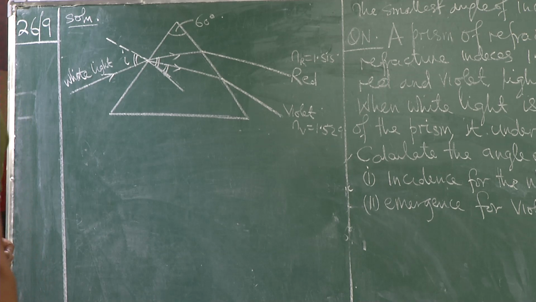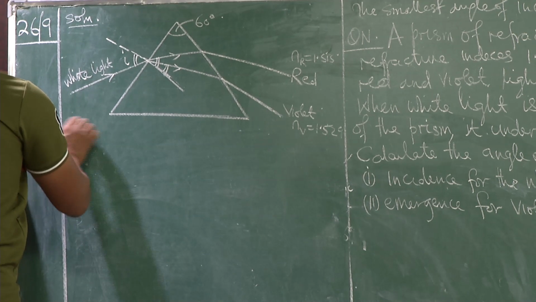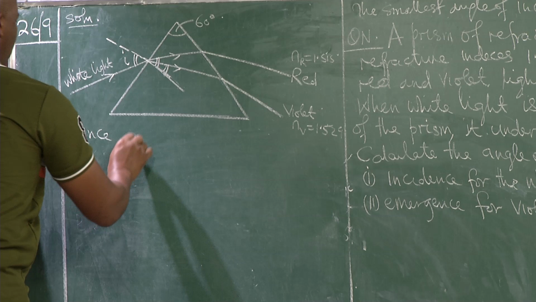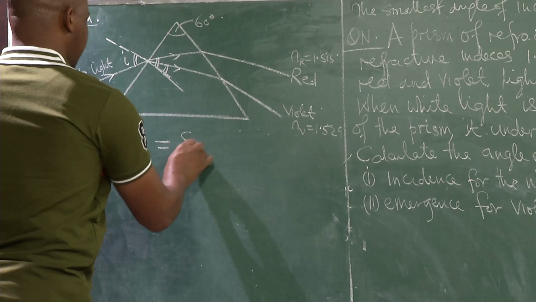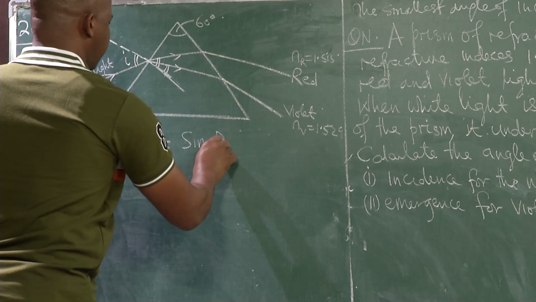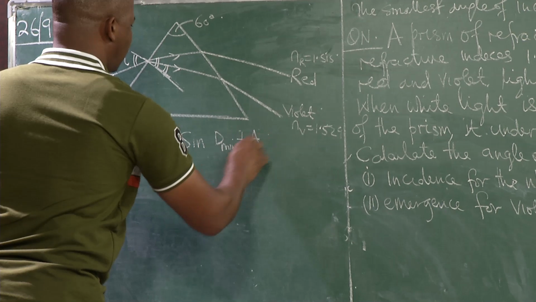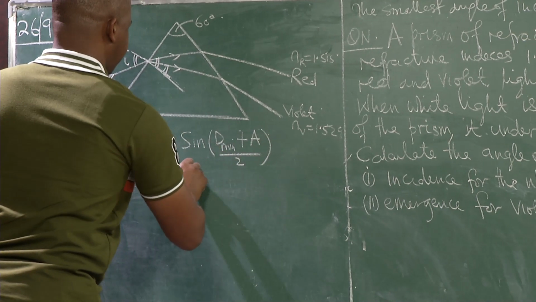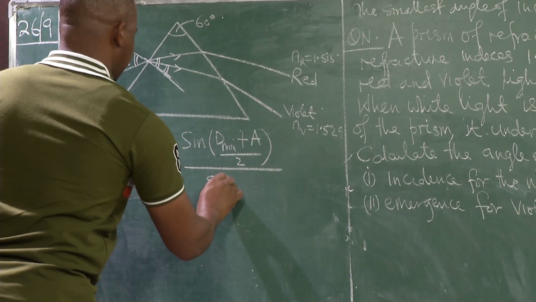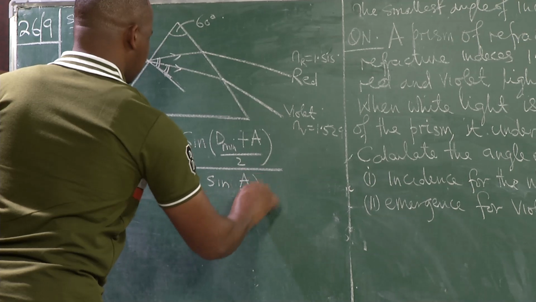It implies that since we know the condition for minimum deviation, the refractive index at minimum deviation is given by the sine of the minimum deviation plus the refracting angle divided by 2, over the sine of the refracting angle divided by 2.